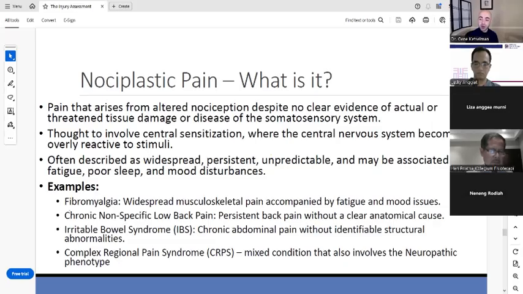So these are very complicated, complex patients that are traditionally very difficult to treat. However, if you truly understand nociplastic pain, you will have the tools and understanding of how to treat these conditions. So this complex regional pain syndrome is a mixed condition, meaning that it also involves the neuropathic phenotype. So with complex regional pain syndrome, they are a mix of nociplastic and neuropathic.